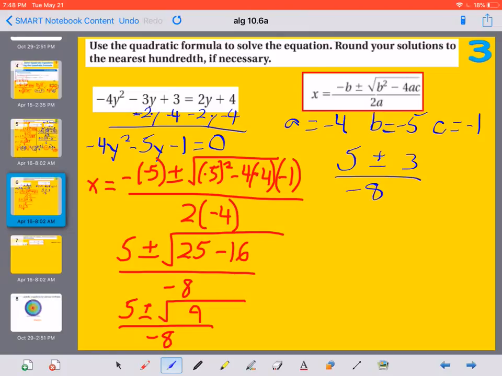So that's going to split to 5 plus 3 divided by negative 8, and 5 minus 3 divided by negative 8. 5 plus 3 is 8, divided by negative 8, x equals a negative 1. 5 minus 3 is 2, divided by negative 8. X is going to equal a negative 1 over 4.